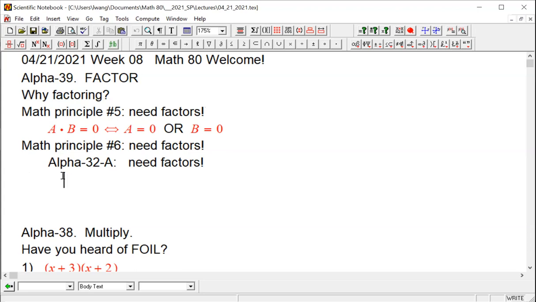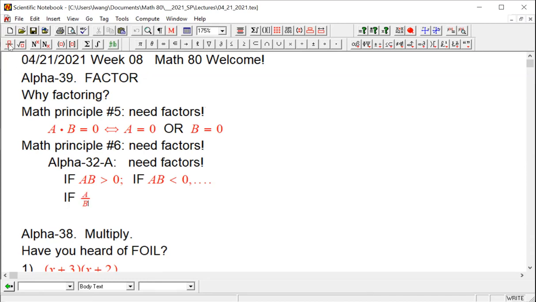We often deal with, like, if A times B is greater than 0, or if A times B is less than 0. Equal to 0 is handled by principle number 5, etc. Or in other situations, such as if A divided by B, that's a factored form as well.